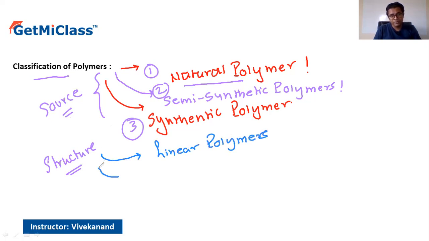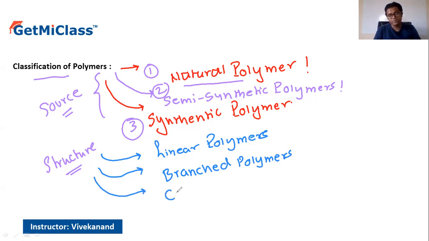Second one we have is the branched polymers. And the third category is called cross-linked polymers.